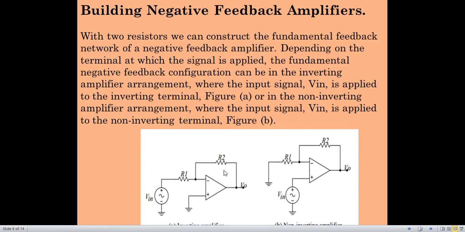A feedback resistance is shown by R2. It connects output voltage to a inverting terminal, that means negative terminal. Now, if we apply our input to non-inverting terminal, then this is a negative feedback amplifier of a non-inverting amplifier.